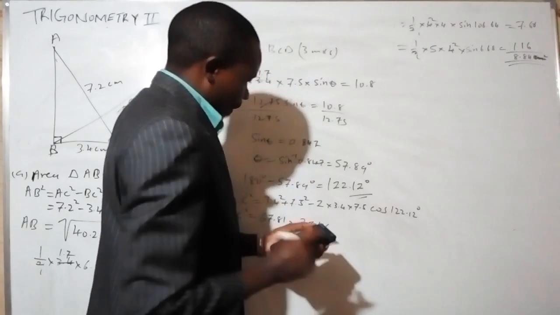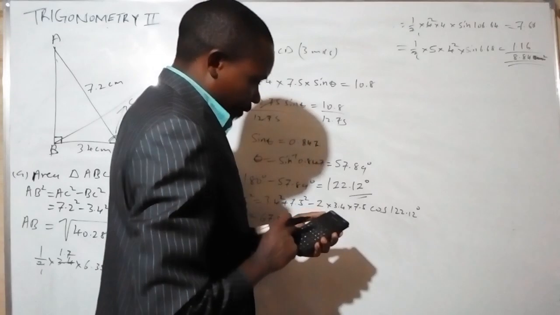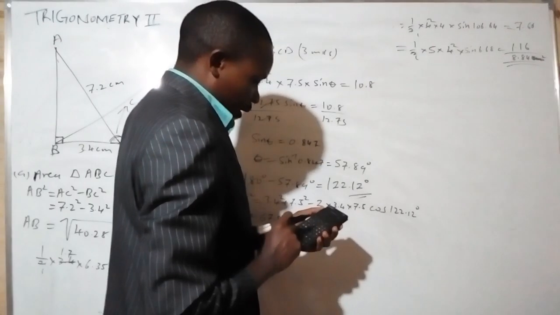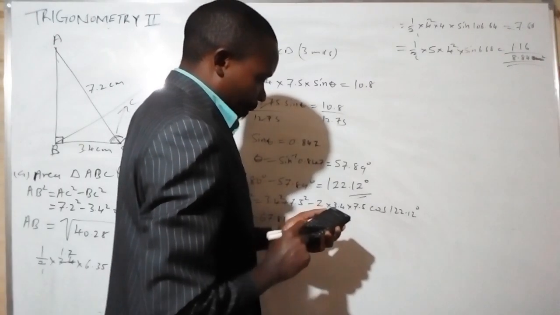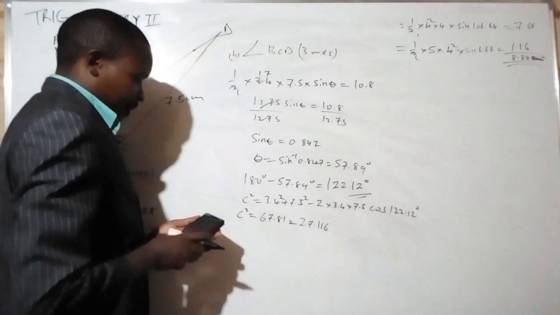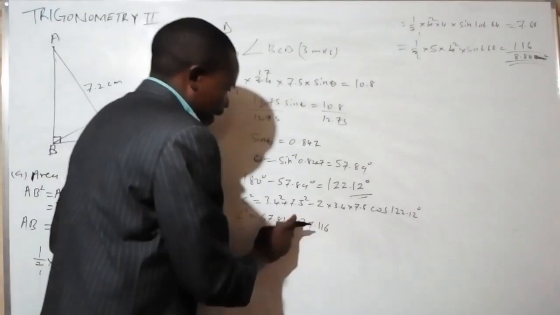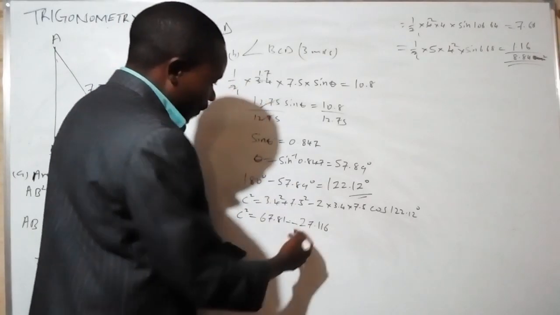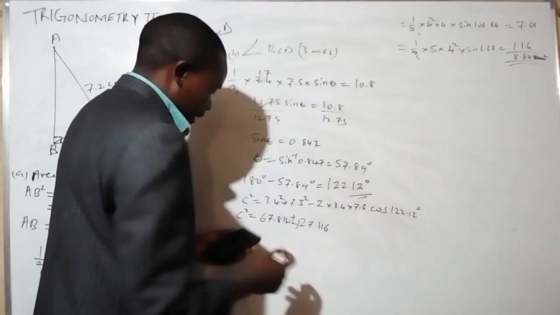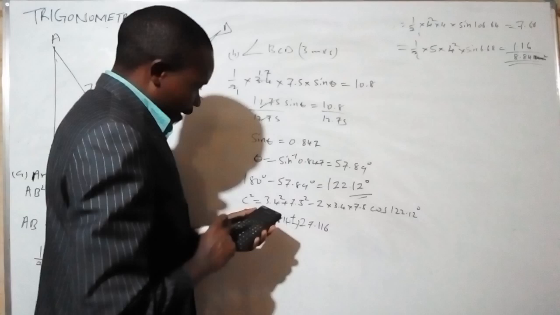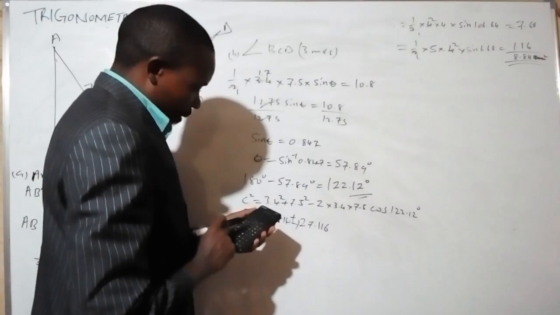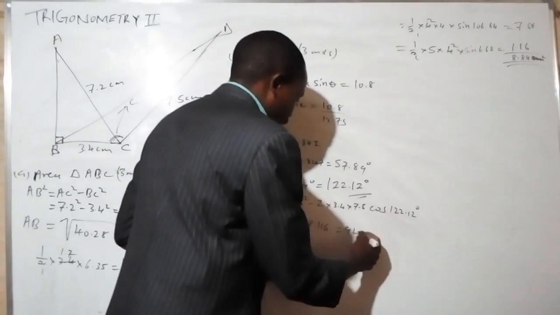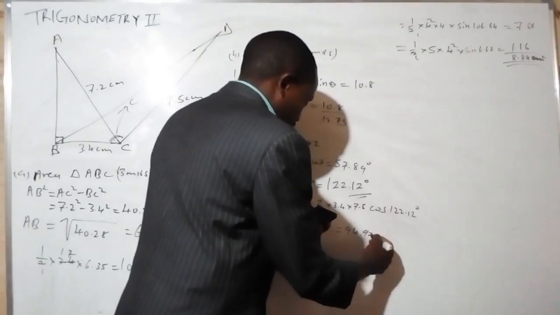Yeah, there is a negative, so the total of this is supposed to be plus. 67.81 minus the answer, we get 94.926.